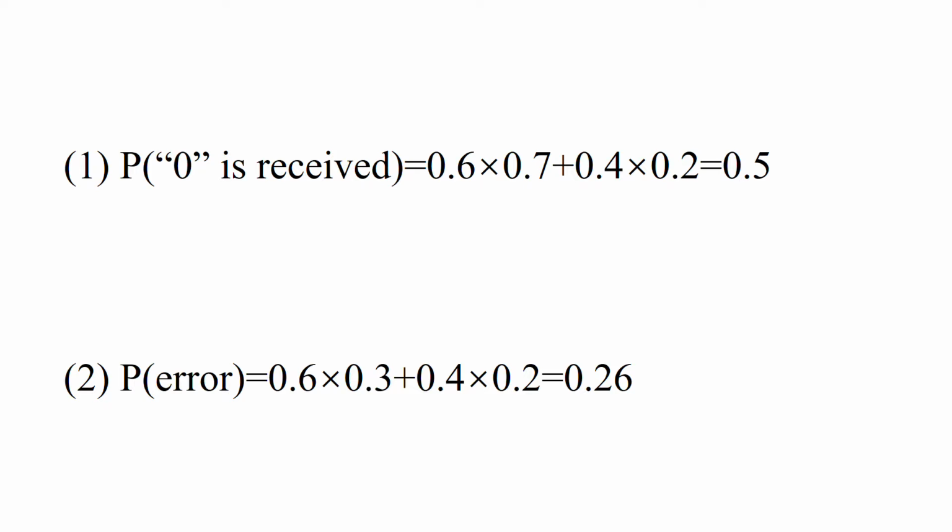So the probability that the data 0 is received is 0.6 multiplied by 0.7 plus 0.4 multiplied by 0.2, so we can get the answer 0.5.